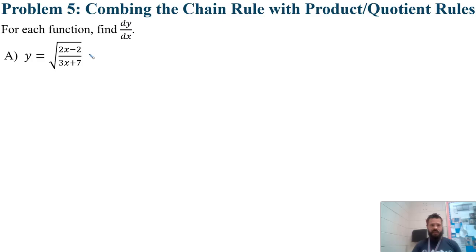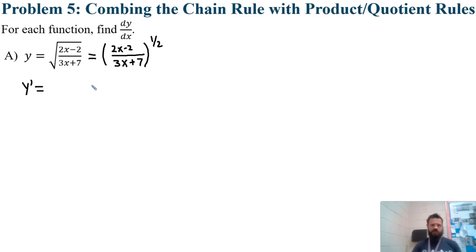Alright, first step for this guy though, I'm going to rewrite my function in terms of something I can apply my power rule to. So let's rewrite this all as 2x minus 2 over 3x plus 7, all raised to the 1/2 power instead of with the square root. All right, so now I'm ready to start taking my derivative.